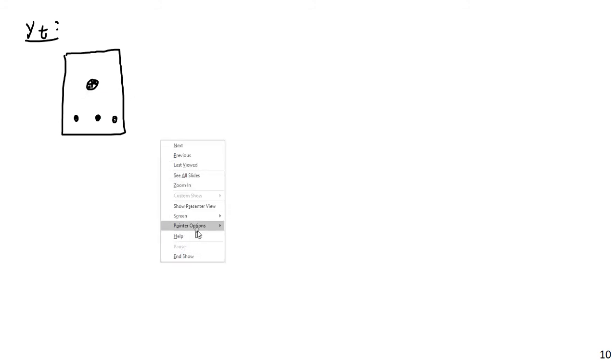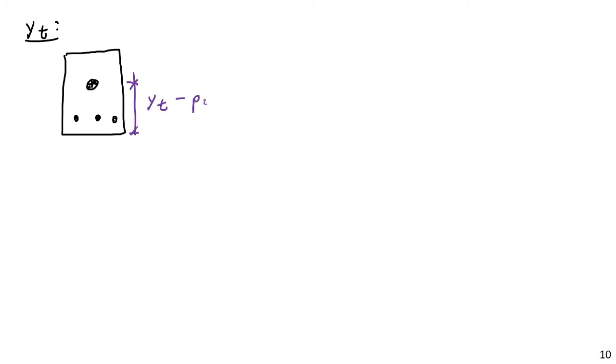Assuming this was in positive bending, this would be the tension face. So the yt would be like this here for positive bending, and if you had negative bending, yt would be this distance here. yt would be negative for negative bending.